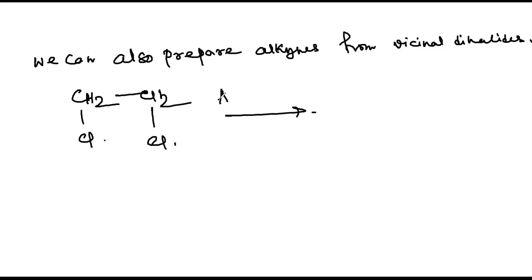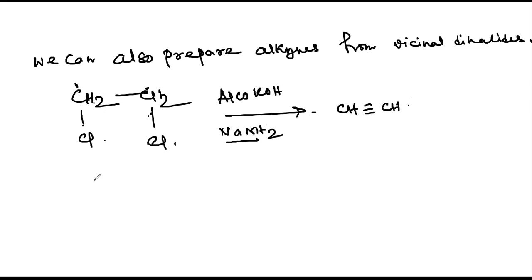If you give here alcoholic KOH followed by sodamide, this will always produce CH triple bond CH. What happens? At first, one hydrogen is removed from this carbon, Cl is removed from this carbon, a double bond forms. Again, NaNH2 acts here. One hydrogen is removed from here, and Cl will be removed from here.